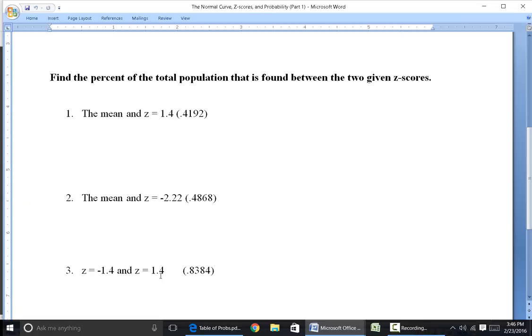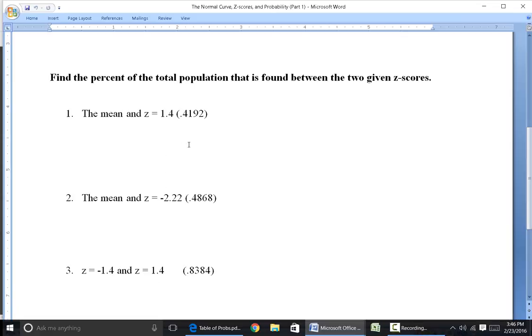Then we find the area between the mean and a negative 1.4 from the table. Ignore the negative and find it. And then we just add the two values. But in this case, we don't have to look it up because it's the same area, remember? Because of the symmetry, 1.4 and negative 1.4, it's the same answer. So all we would do is double the 0.4192, and we would get 0.8384.